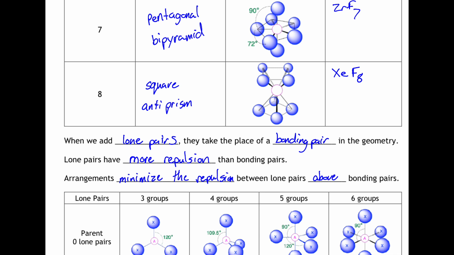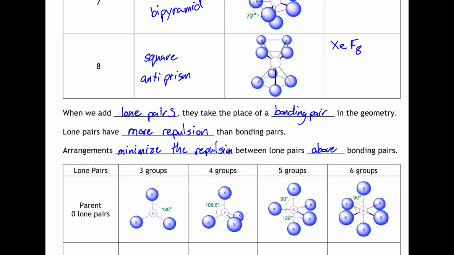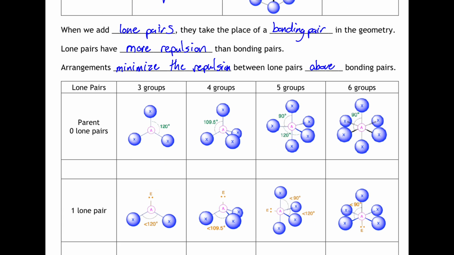Okay, so the first chunk that I have here is just the same as it is above when we have no lone pairs. So it's just a basis. I wanted the chart to stay somewhat the same, so we're just kind of lining them up right now. So these are the first 6. We don't get into the big ones with lone pairs because they don't really exist with lone pairs. The small ones, this is just going to be all the same words that we had above. This is trigonal plane.